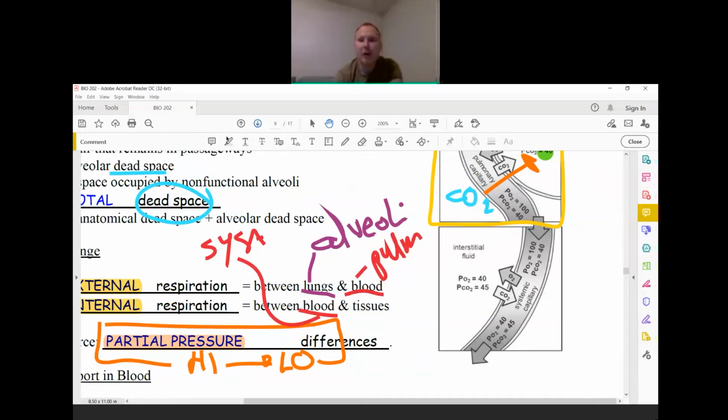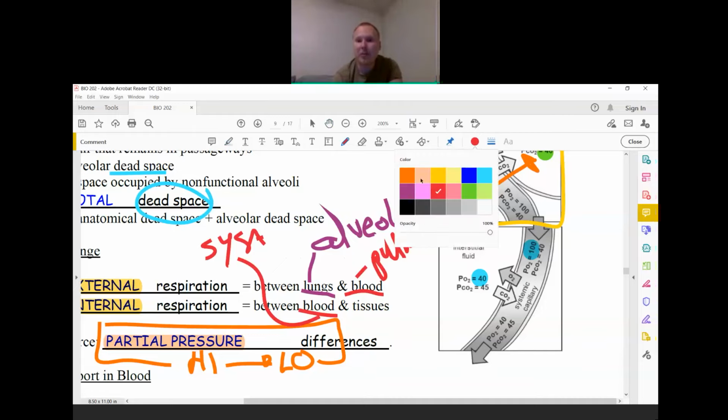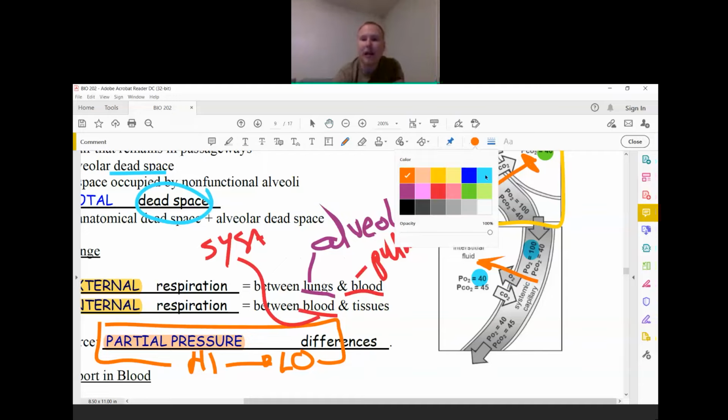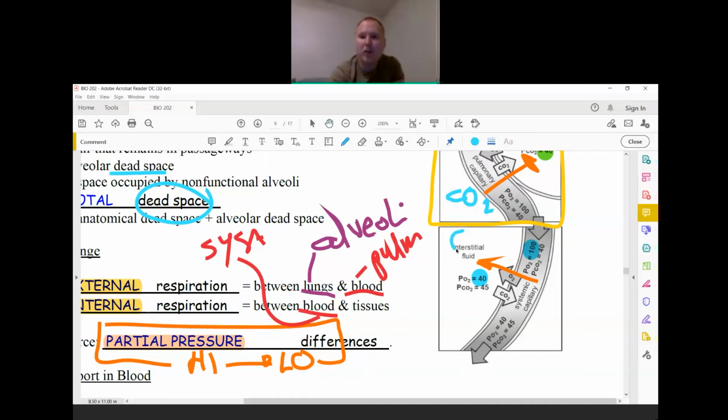And let's start again by looking at the partial pressures of the oxygen. So the oxygen is going to have a partial pressure of 100 millimeters of mercury as it arrives to the systemic circulation. And within the tissues, we find that there's 40 millimeters of mercury, the partial pressure of the oxygen. Well, you remember materials move from the higher concentration to the lower concentration. So oxygen is going to be leaving the systemic capillaries and moving to the tissues or interstitial fluid.